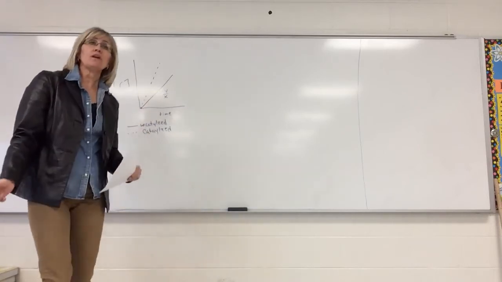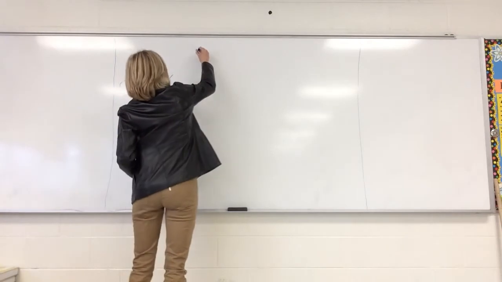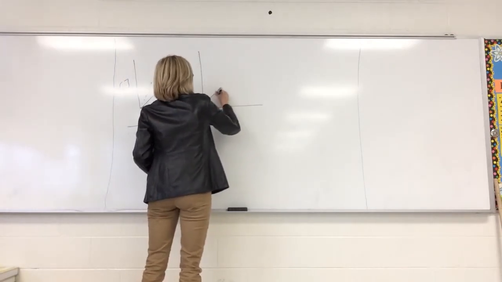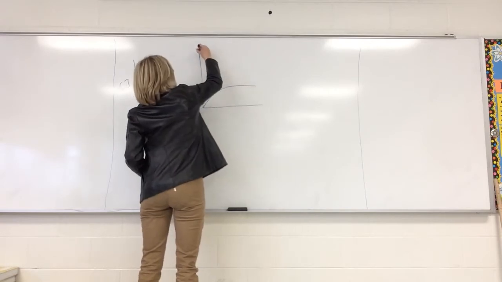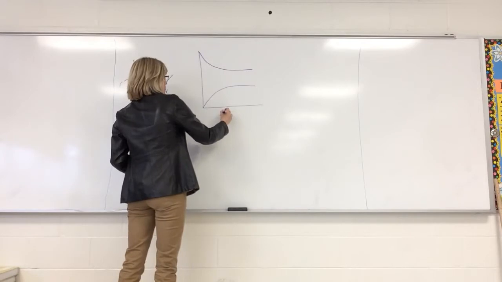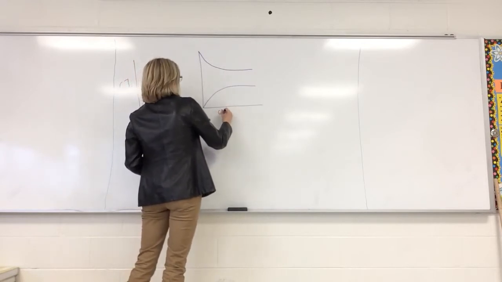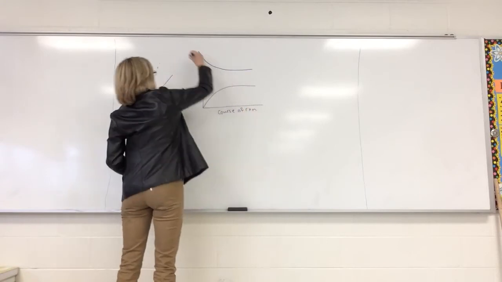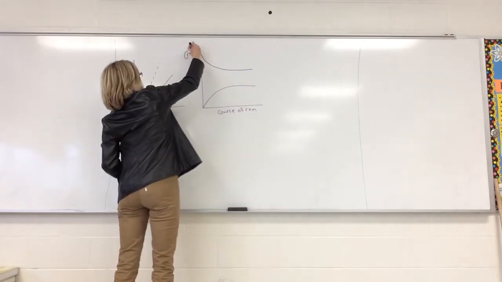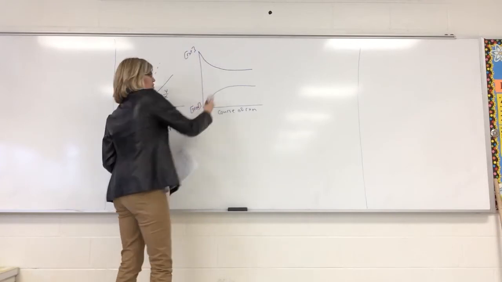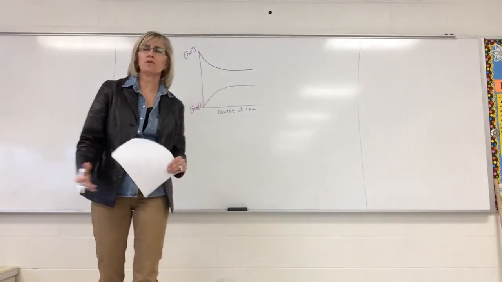Now, what if you were looking at an equilibrium graph? All right, and this is the course of the reaction. And this is concentration of reactants versus concentration of products. Here's just a typical equilibrium graph.